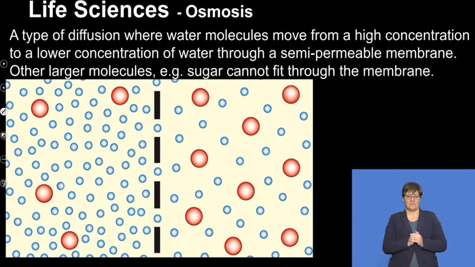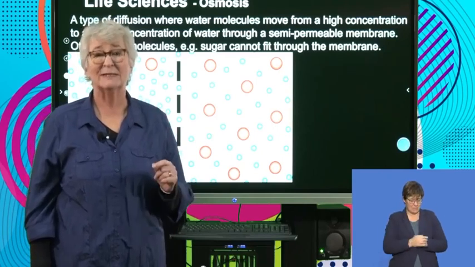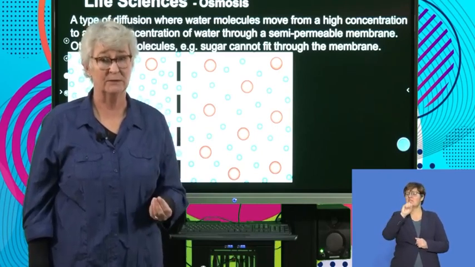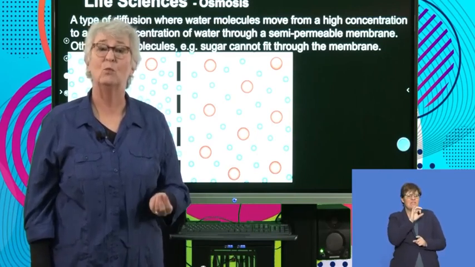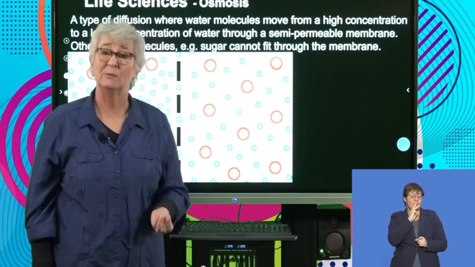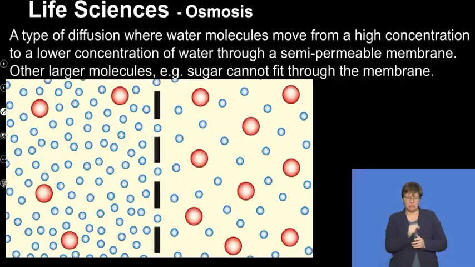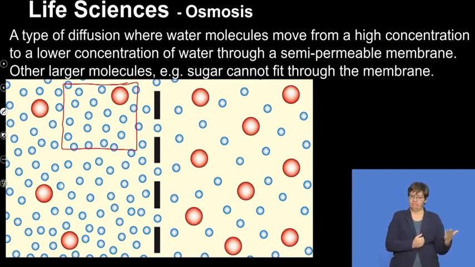The next one, which you should have done earlier on when you did the cell, is a process called osmosis. And osmosis is a type of diffusion, except it involves only water molecules and how they move through a semi-permeable membrane. Let's have a look at the example. Here we have, on this side, in this little square, lots of water molecules.